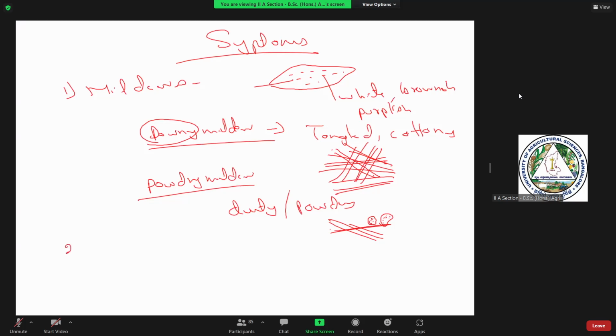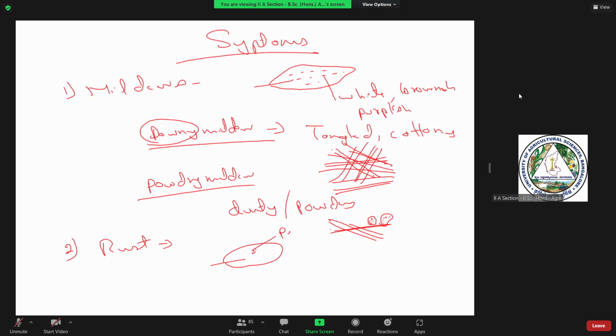Another disease or symptom which is commonly seen in plants is called a rust. Rust, you can imagine, is similar to iron getting rusted. So here it appears on a leaf as small, rusty pustules.